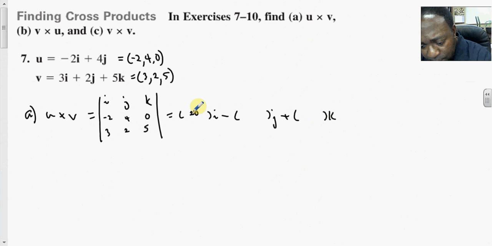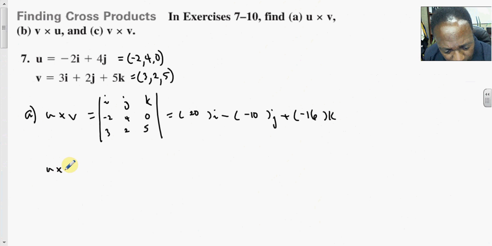So we just get 20. Come to the jth position, delete the jth row and column. It's -2 times 5 is -10 minus 0. Come to the kth position, delete the kth row and column. So this is -2 times 2 is -4 minus 12 is -16.